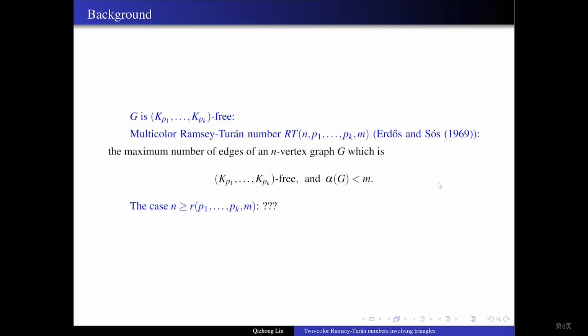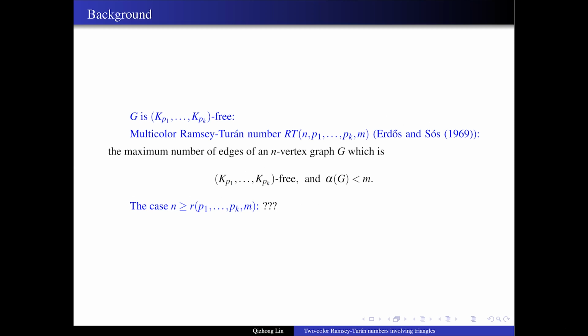We shall give some definitions. We say that G is K_{p_1}, ..., K_{p_k}-free if there exists a k-edge-coloring of G with no monochromatic copy of K_{p_i} in the i-th color for i from 1 to k.